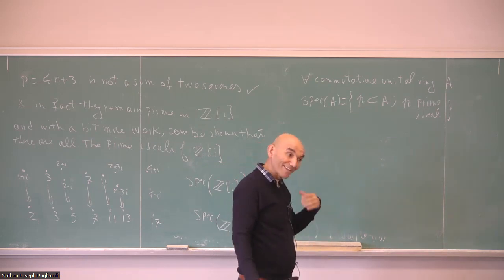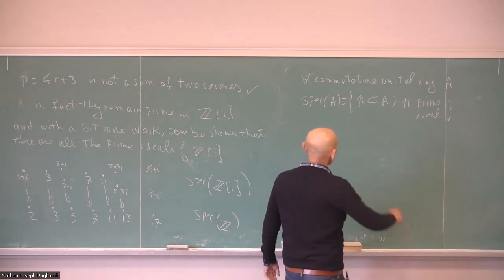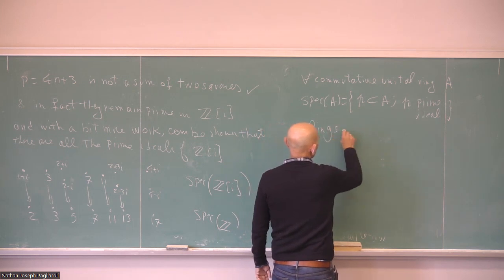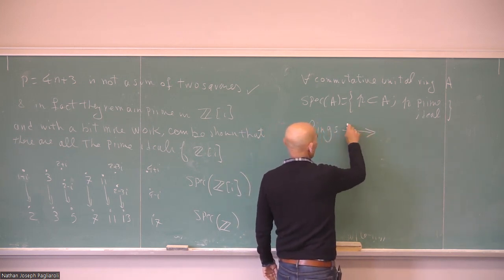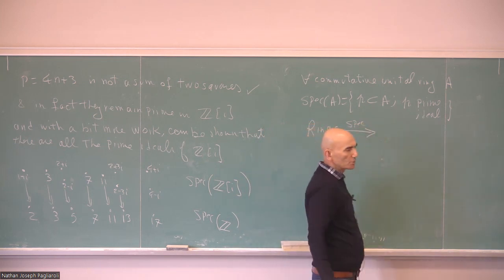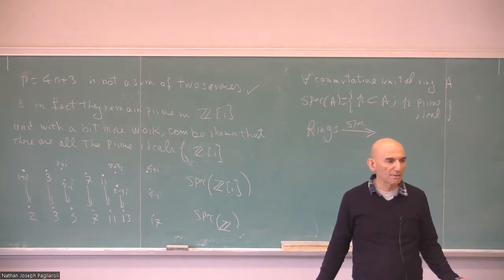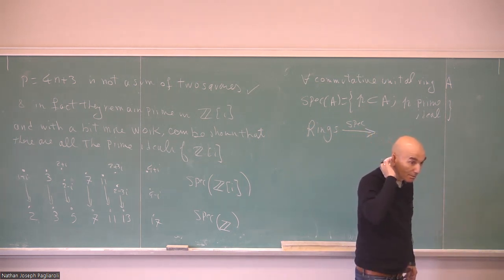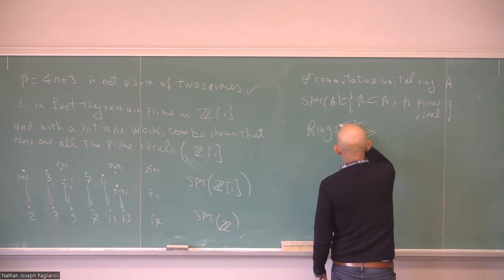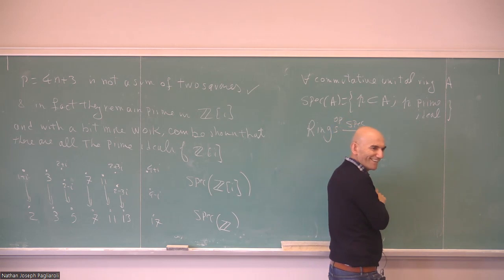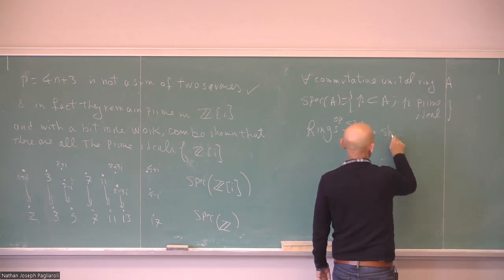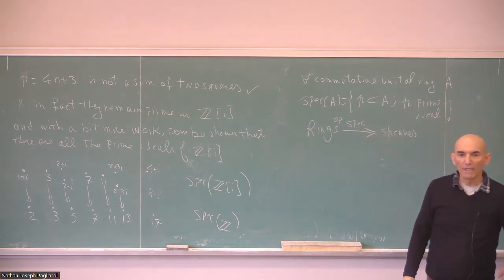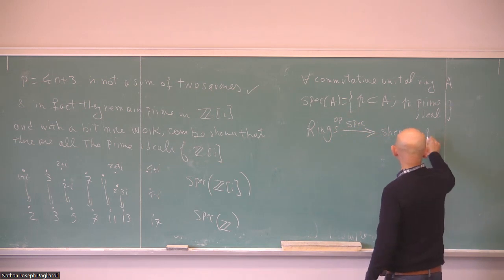Another thing is that the spec is a functor, from rings to sheaves, who likes sheaves here? Sheaves of local rings.